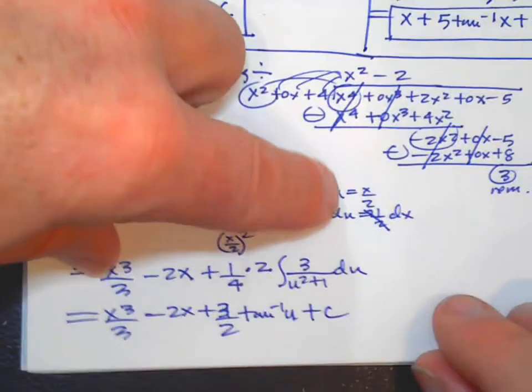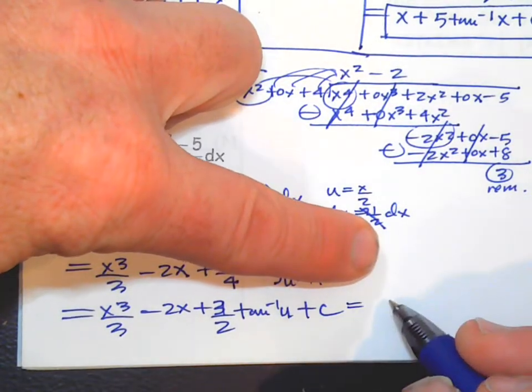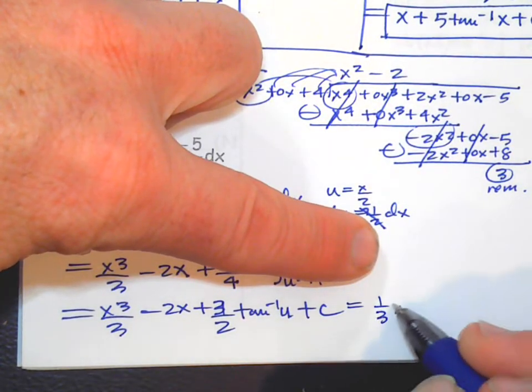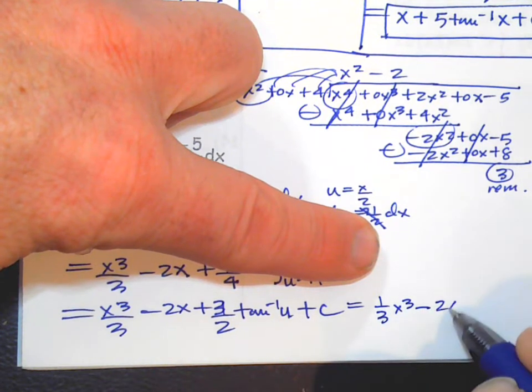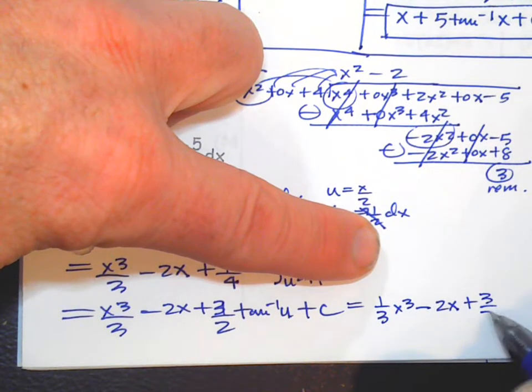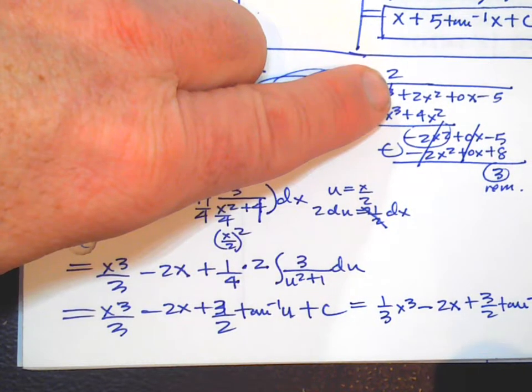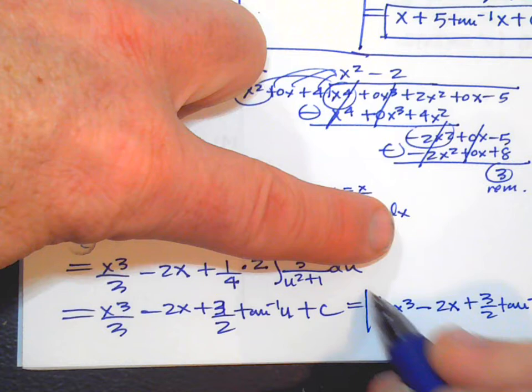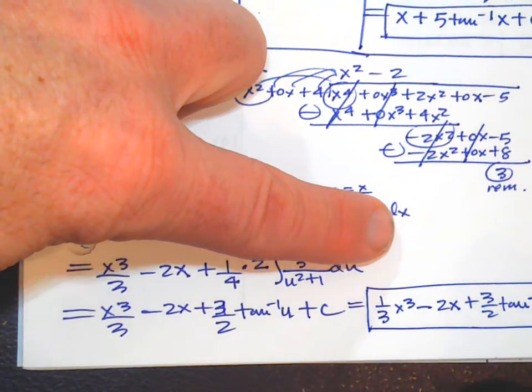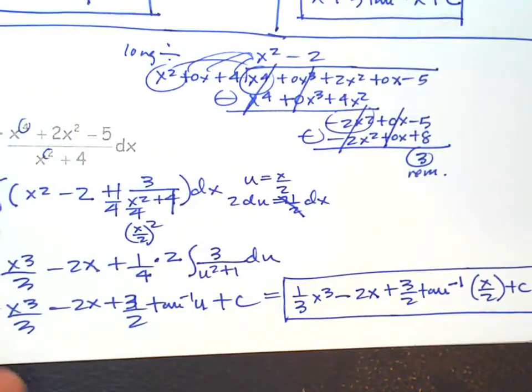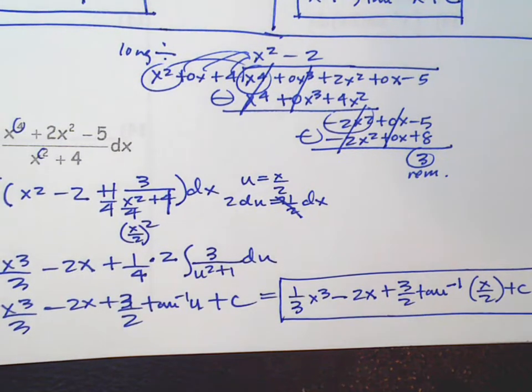So it's going to be, we can say 1/3 x cubed minus 2x plus 3/2 inverse tan of x over 2 plus c. There you go.